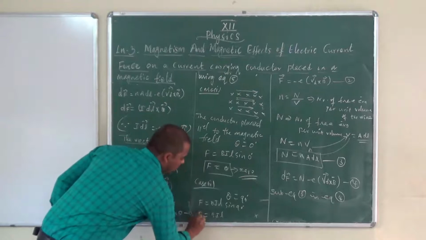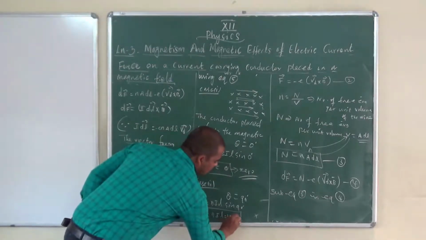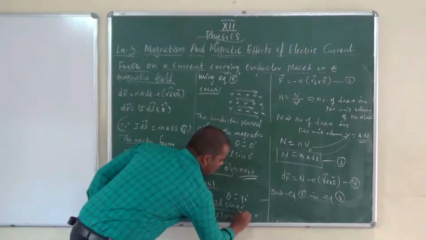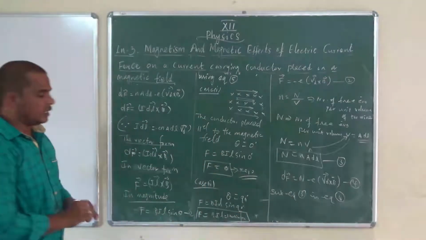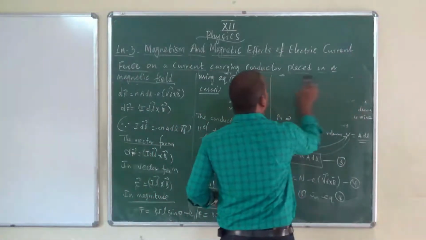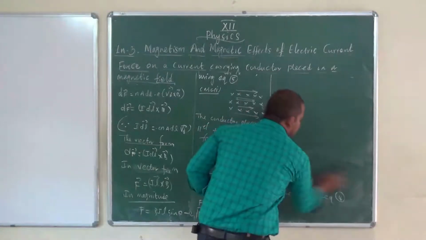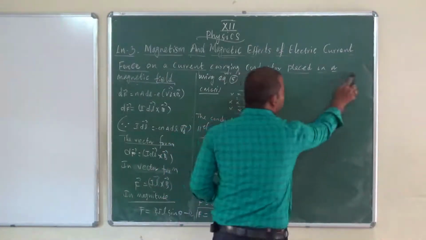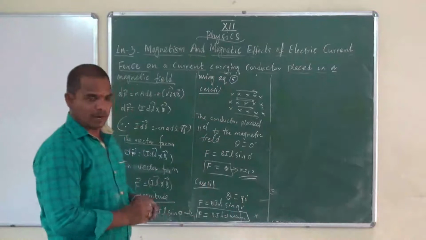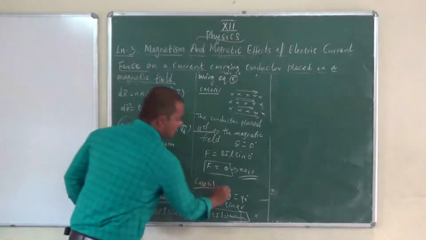That means the force is maximum. When the conductor is placed perpendicular to the magnetic field, the wire produces the maximum force. But when the conductor is placed parallel, the force is zero.